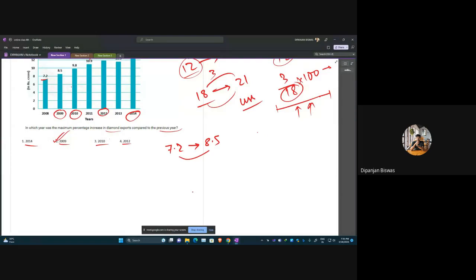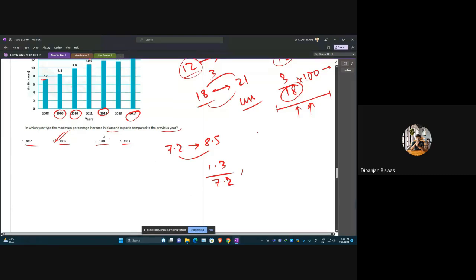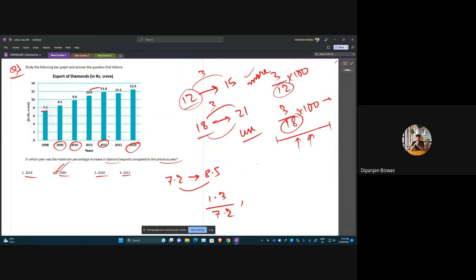So there is an increment of 1.3 on the basis of 7.2. Okay. In 2010, the increment is on the basis of the previous year, that is 8.5, and the increment is 1.3. You can just subtract 9.8 minus 8.5, and you will get 1.3.